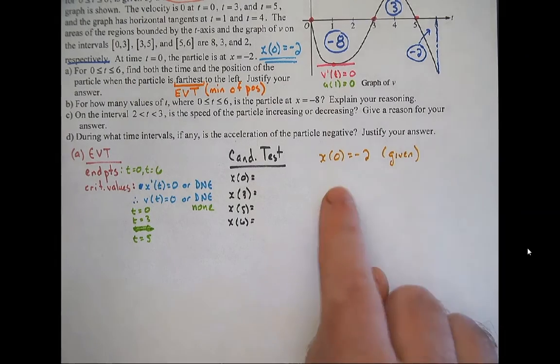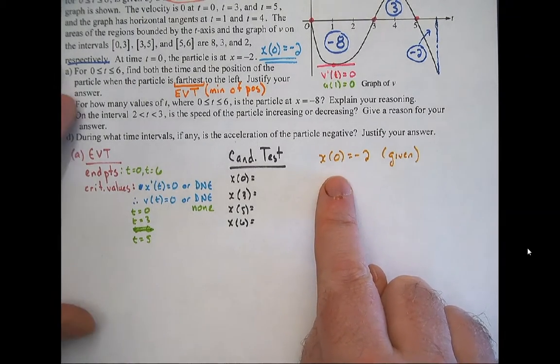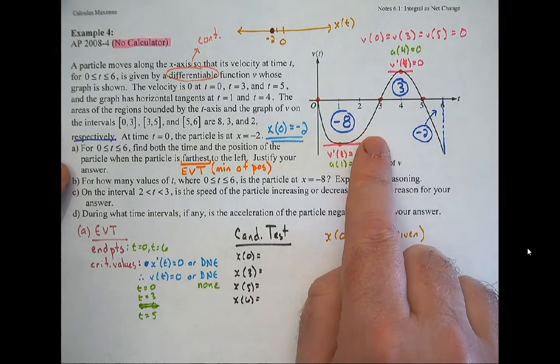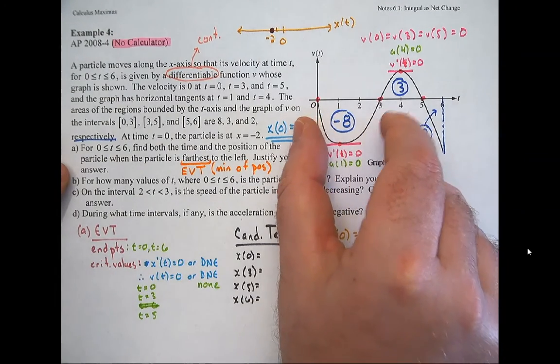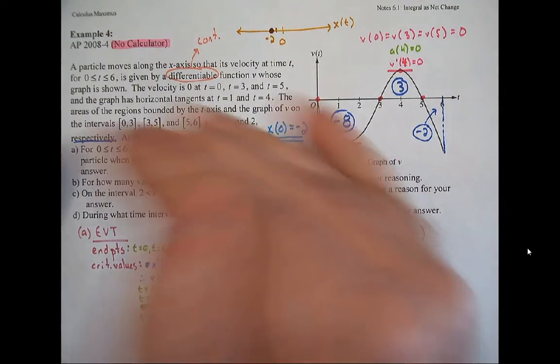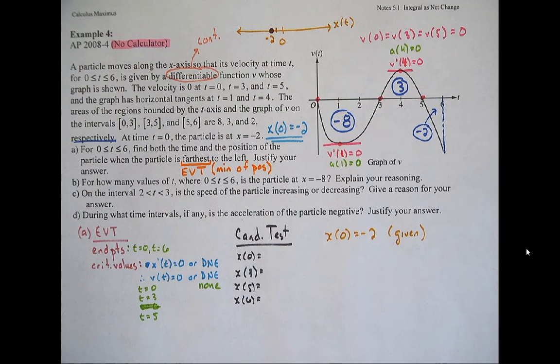x of 3 you can calculate, so I need to know its position. We have a picture of velocity. If I want to use the picture of velocity to figure out where my position is, what would I have to do to velocity to work my way backwards to position? Well, hopefully you said integrate.